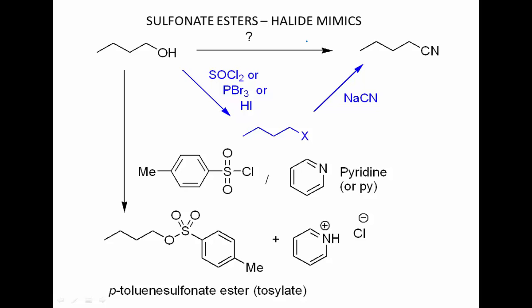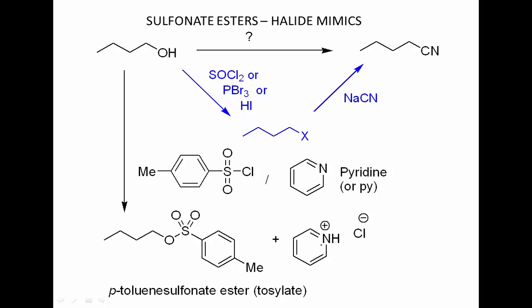So, in this reaction, we're treating the alcohol with this compound, paratoluene sulfonyl chloride, and this compound, pyridine, which is there technically just to take the HCl byproduct and produce a less acidic byproduct, pyridinium hydrochloride, which is the compound shown there.